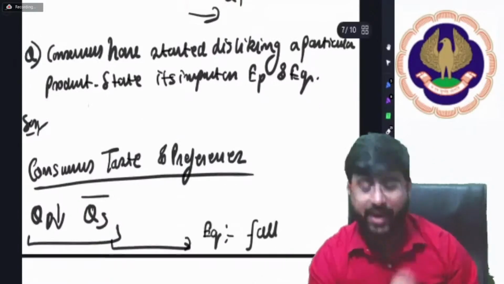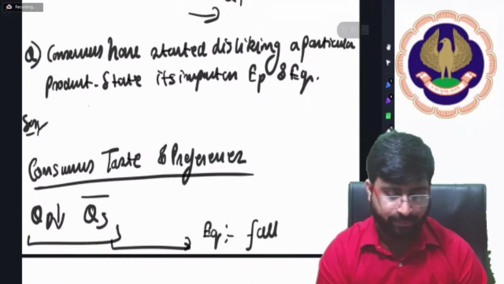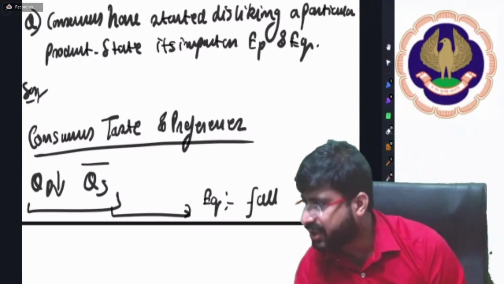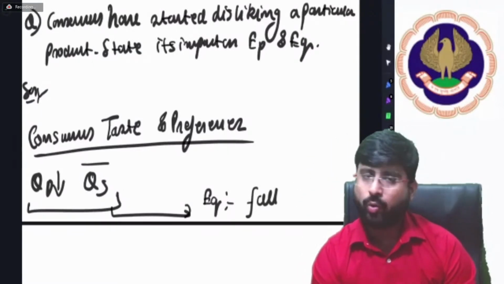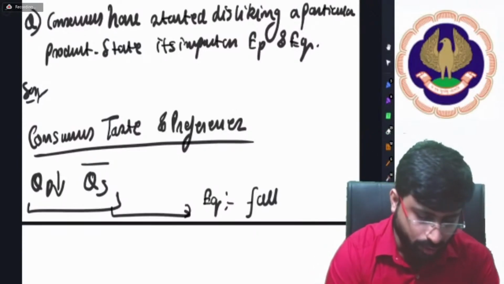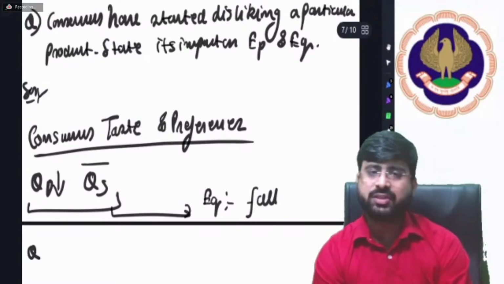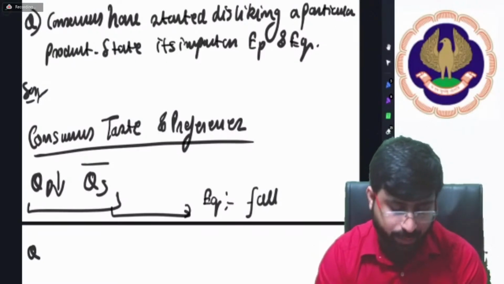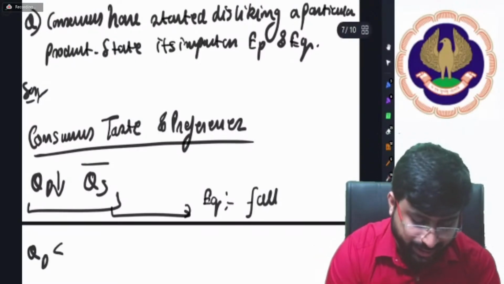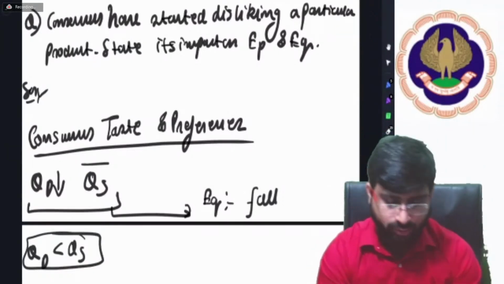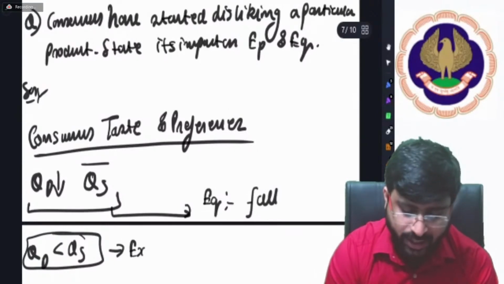Now, pay attention. Having said this, there comes another aspect of this topic. Once this has happened, quantity demanded is now less than quantity supplied, and so there is excess supply.